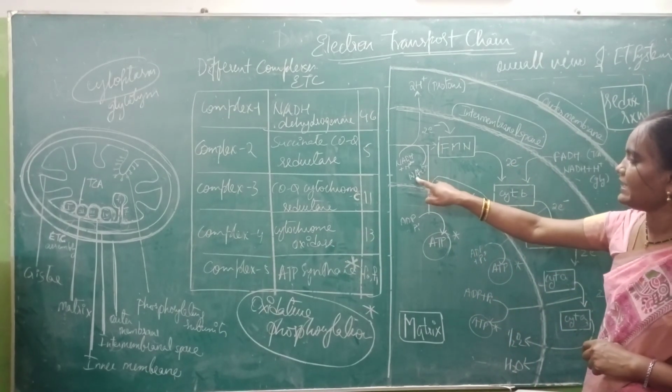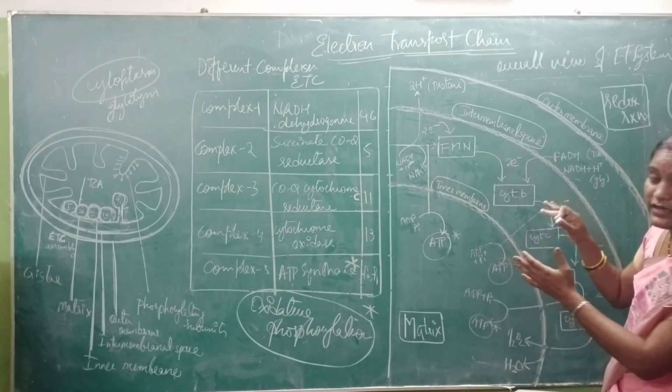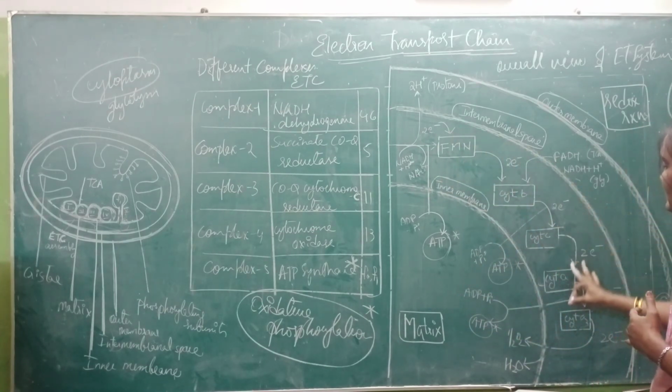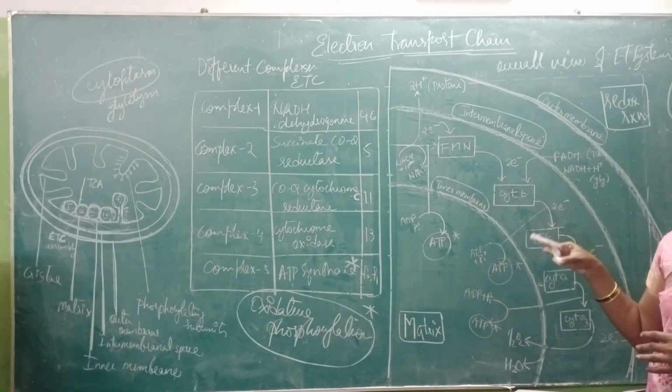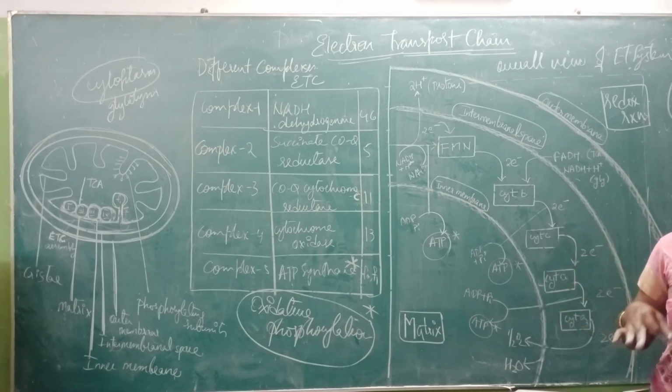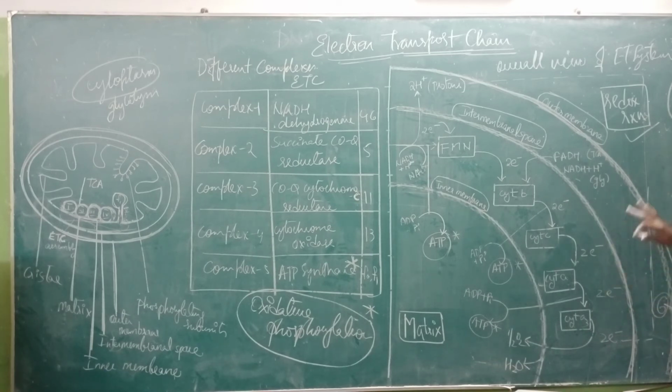Before going into the mechanism, all the 4 complexes in this inner membrane are run by redox reactions. Redox reactions means a combination of reduction and oxidation. Oxidation means loss of electrons, giving up or donating electrons.